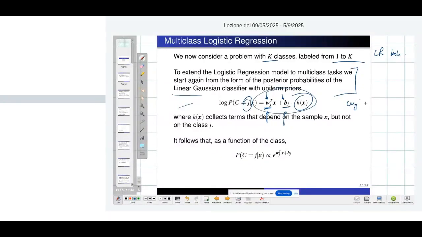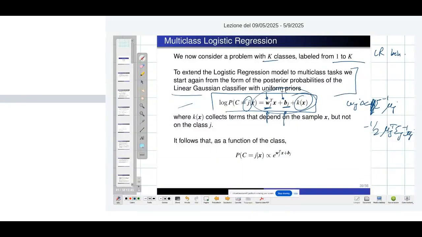Wj is essentially proportional to minus 1/2 sigma minus 1 mu j, and bj should be something like that, plus some other constant that we don't care about, again. You can write this explicitly starting from the log likelihood and see what you get as a result.